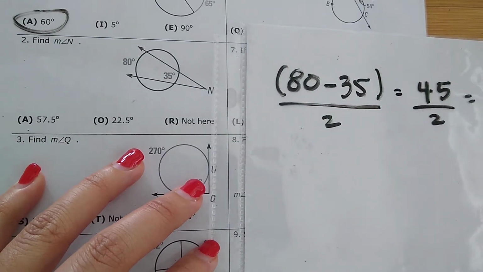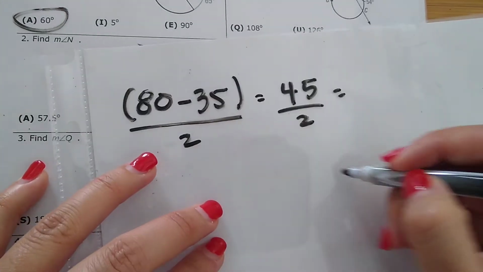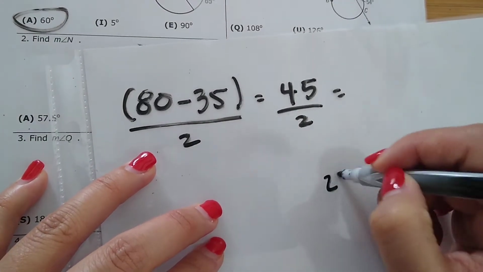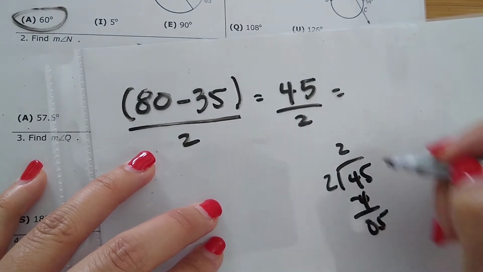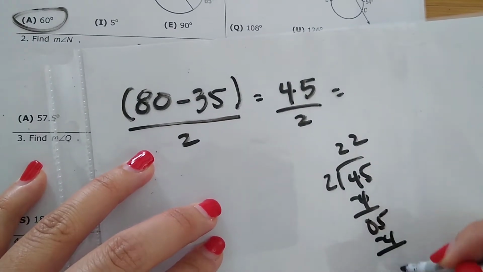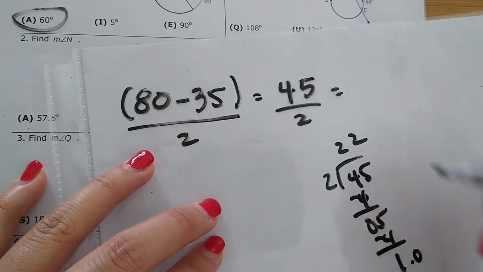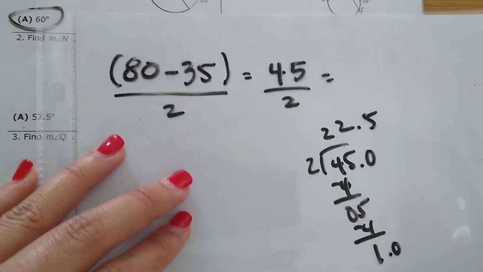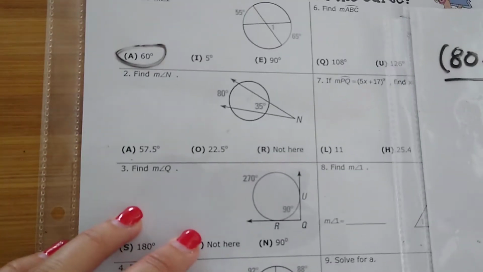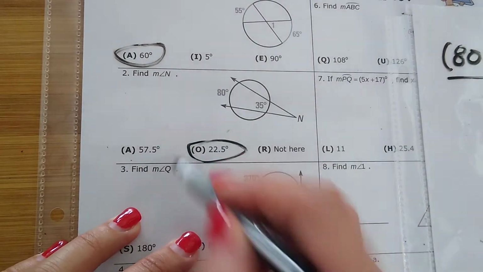And then that is, let's see, I'll do it right here. So it would be 22.5, which is O.